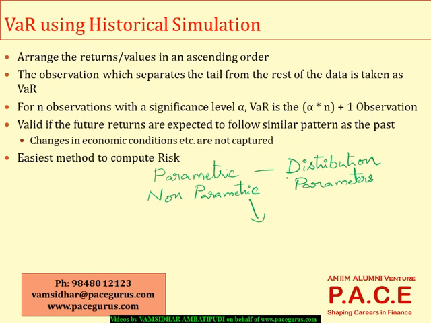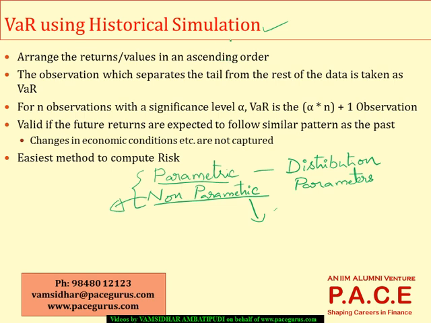So the VAR we can estimate through either of these approaches, and in each of these categories again there are multiple methods to go ahead. Out of that, what I am picking up right now is under the non-parametric category we are looking at the historical simulation approach.